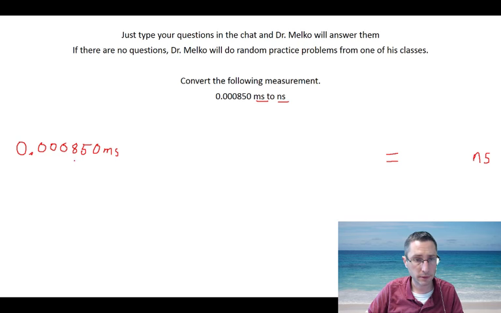Convert the following measurement. So I've identified what I'm going to find, which is nanoseconds. That's on the right. What I'm given, 0.000850 milliseconds, on the left. And now I need to fill in the gaps. So I'm going to write down here the relationships that you will have memorized, if not yet. Do I know anything about milliseconds?